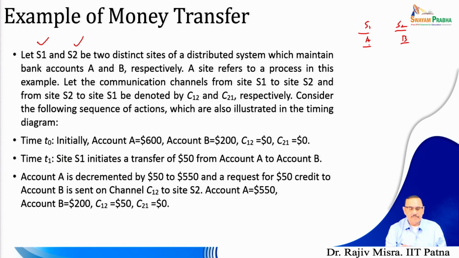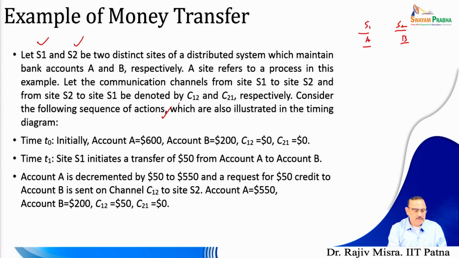A site refers to a process in this example. Let the communication channels from site S1 to site S2 and from site S2 to S1 be denoted by C12 and C21 respectively. Consider the following sequence of actions, which are also illustrated in the timing diagram.